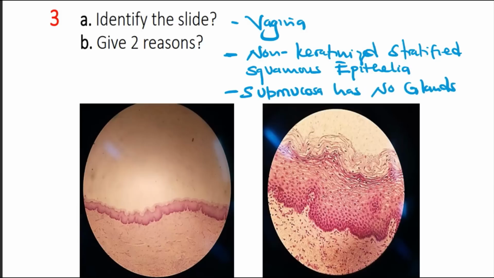Just look at this submucosa, it is clear it has no glands. And look at this epithelia, it is non-keratinized stratified squamous epithelia. You have to differentiate between the vagina and the esophagus. The esophagus has glands in its submucosa, whilst the vagina doesn't have any glands.